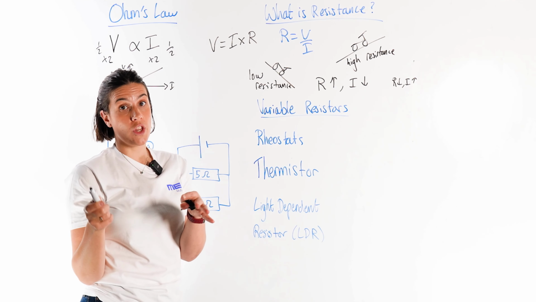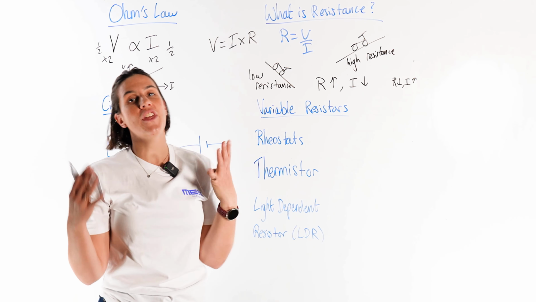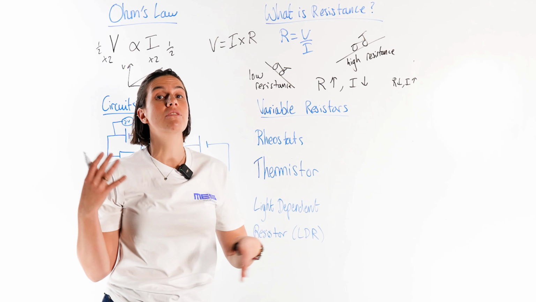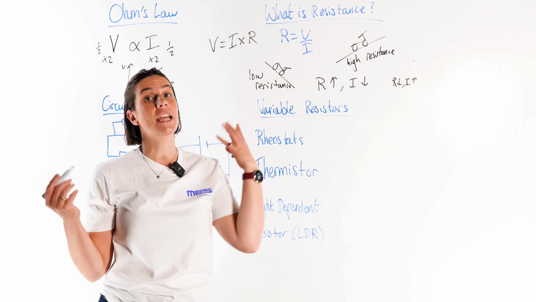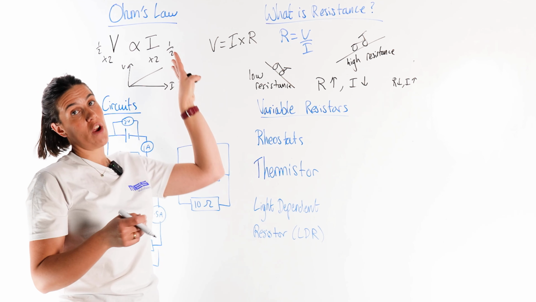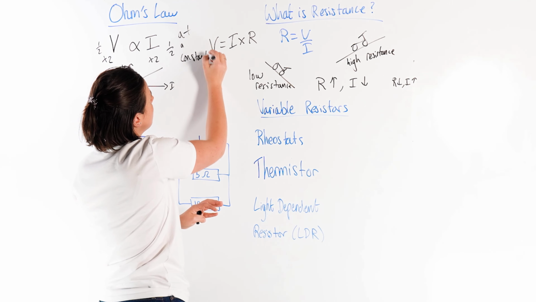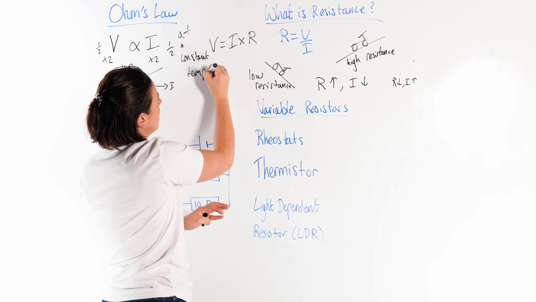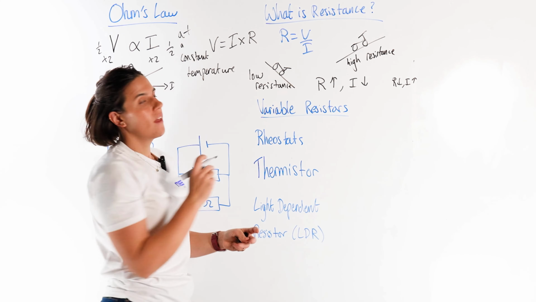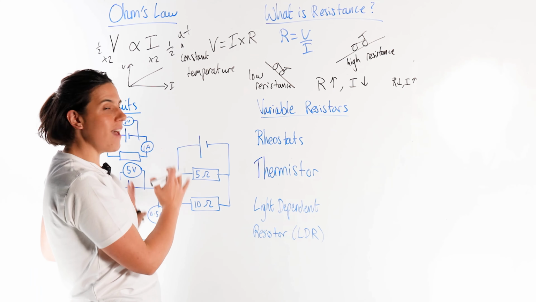So as one thing goes up, the other is going to go up at the same rate, providing that the resistance is constant. Things that you're going to meet at GCSE that can change the resistance of a material are things like temperature. So Ohm's law is that the potential difference and the current are directly proportional to each other at a constant temperature.